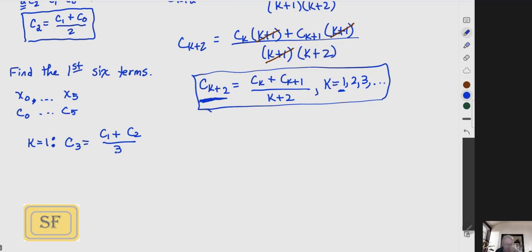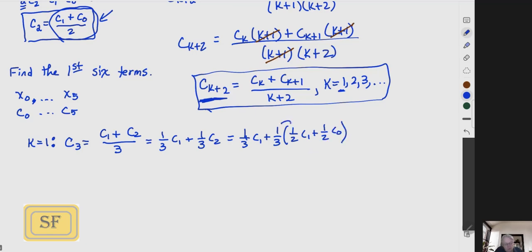So this might get a little bit messy. Notice that up here we have C sub 2. So I'm going to rewrite this as 1/3 C1 plus 1/3 C2 so that I can substitute that in, and I get 1/3 C1 plus 1/3 times C2, which is, I guess I have to write it as 1/2 C1 plus 1/2 C0.